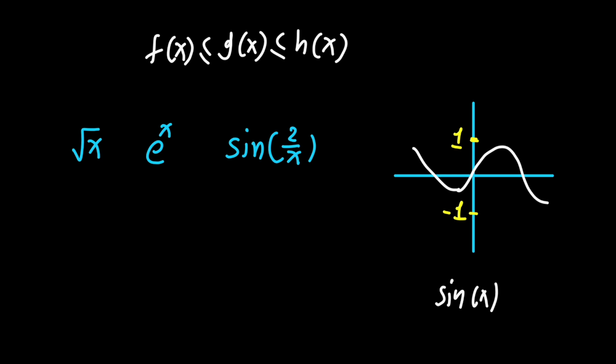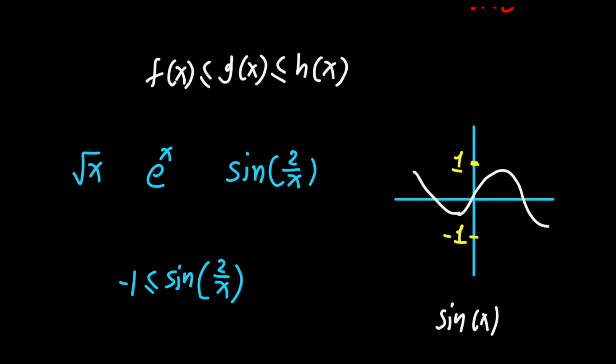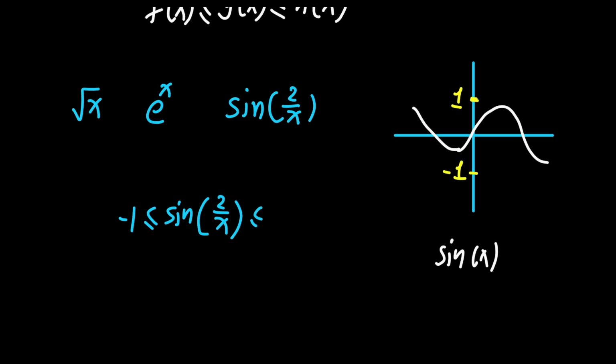But you may wonder, this is sine x, what about 2 over x? Will the boundary be different? No. Even though we change the elements inside the parentheses, the boundary is still 1 and -1. So just use this boundary: -1 less than sine 2 over x, and then less than 1.